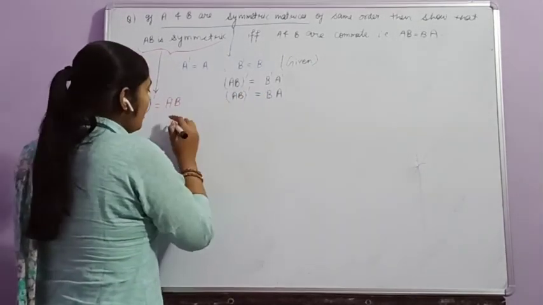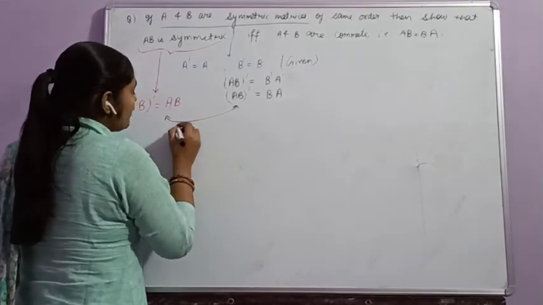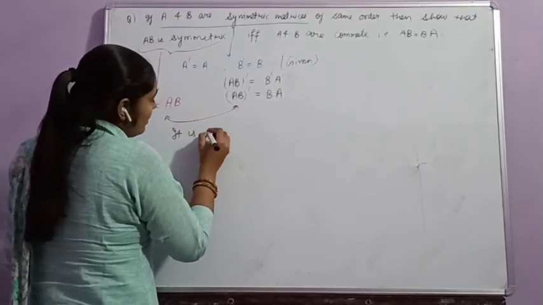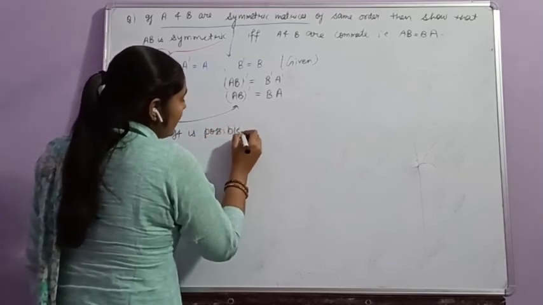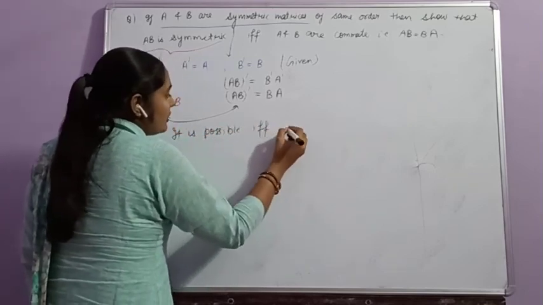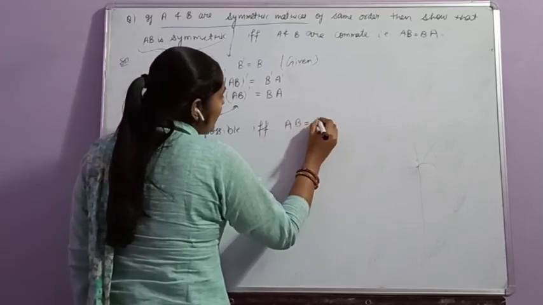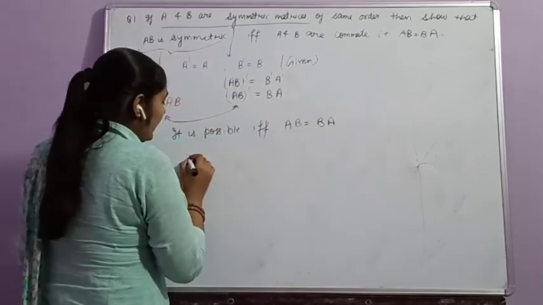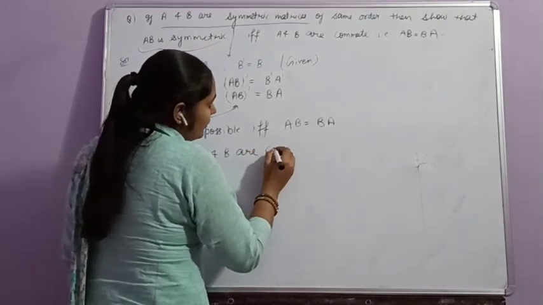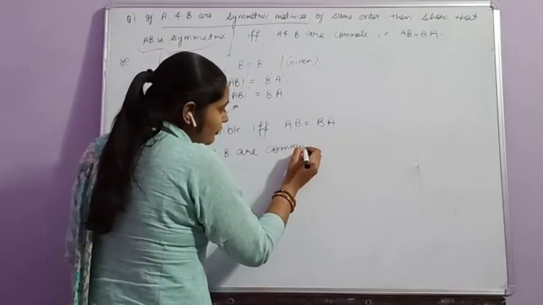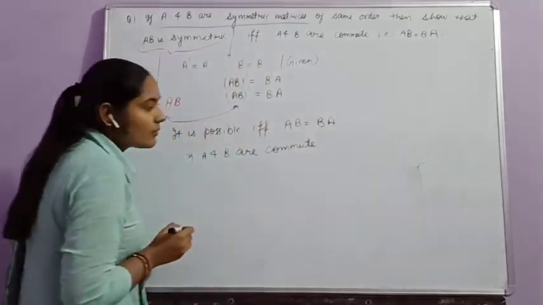That is possible if and only if AB is equal to BA, that implies A and B commute. Hence proved. Clear?